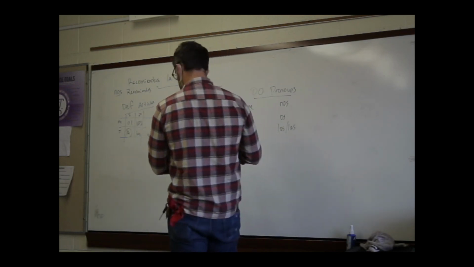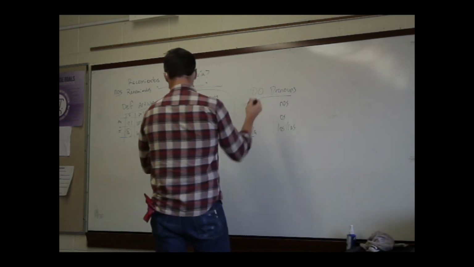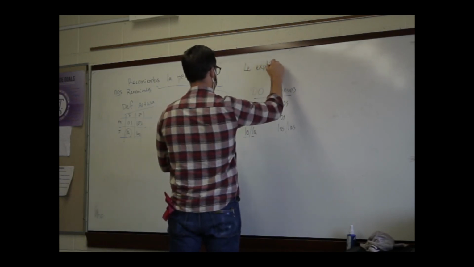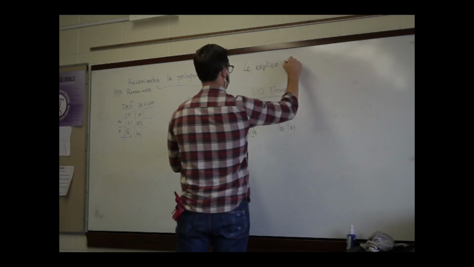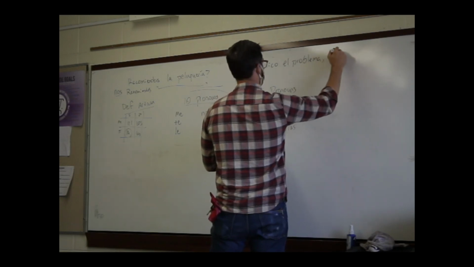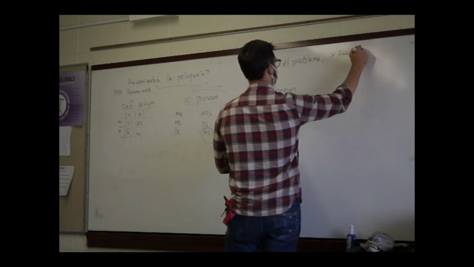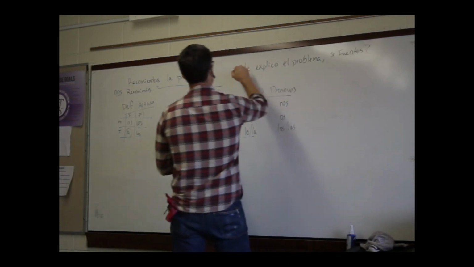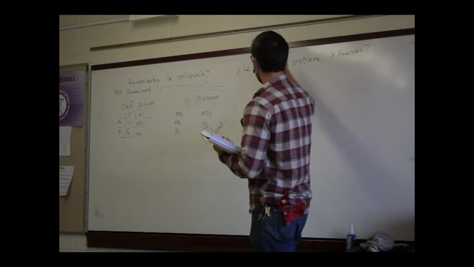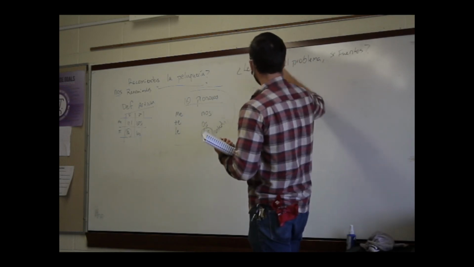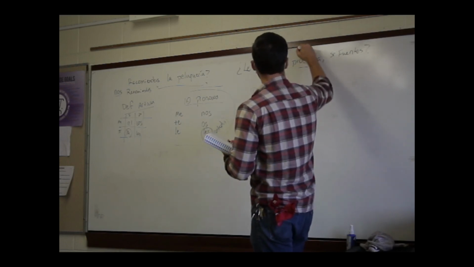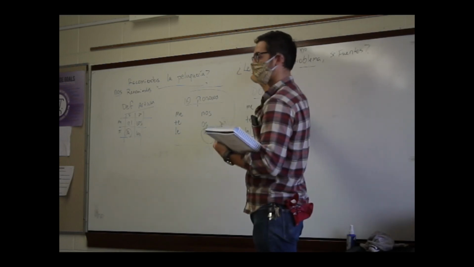let's look at this sentence. It says, le explico el problema, Señor Fuentes. So we have explico, which means it's the verb. It ends in O, and it means I explain. The problem, so that's the object receiving the action of explanation.